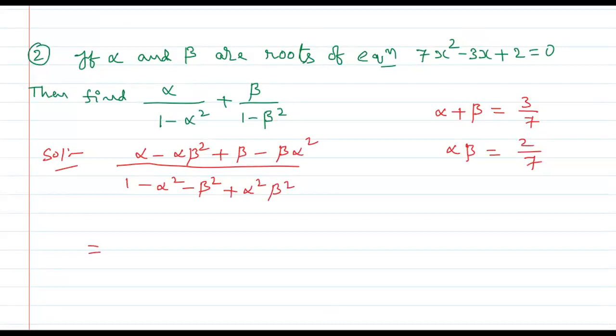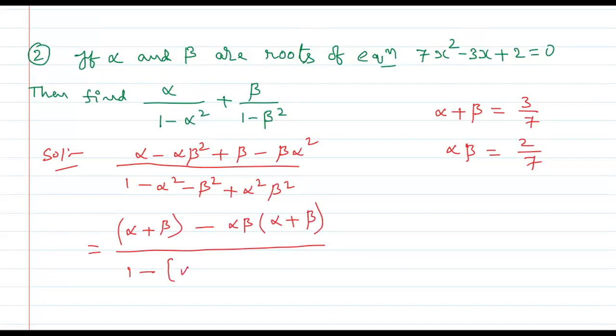Now in the numerator, observe that alpha plus beta is one term, minus alpha beta square minus beta alpha square. Take alpha beta common, we get alpha plus beta. And in the denominator, observe 1, take minus common here, alpha square plus beta square, that is alpha plus beta whole square minus 2 alpha beta, plus alpha beta whole square.